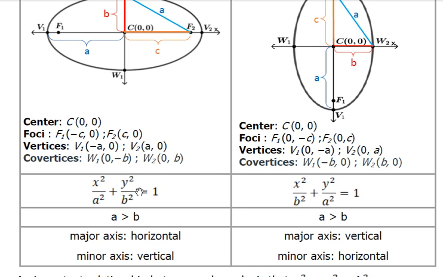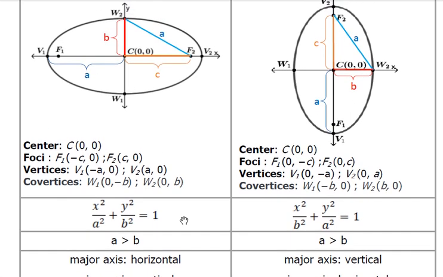So this is the equation of an ellipse in standard form. In this case, A is bigger than B. It is a horizontal ellipse. And if A is greater than B and A is on the y part, then we have a vertical ellipse.